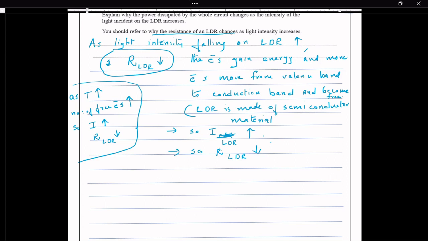Therefore, the power dissipated by the circuit is equal to the current of the circuit times the voltage.